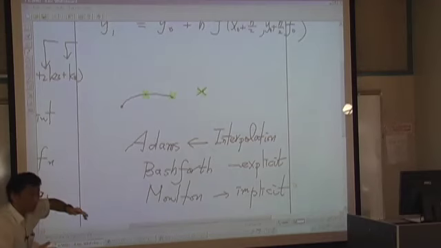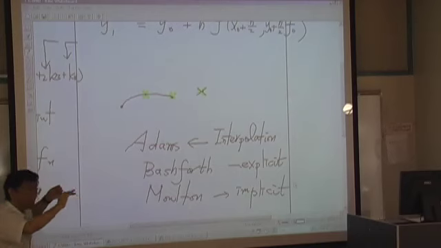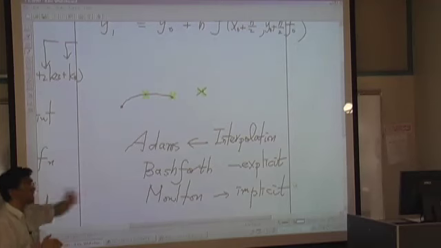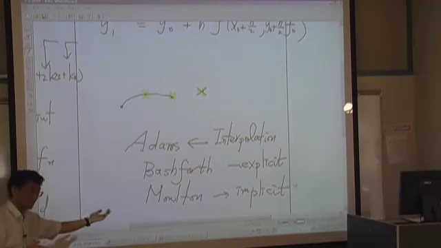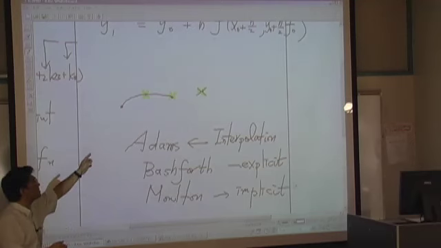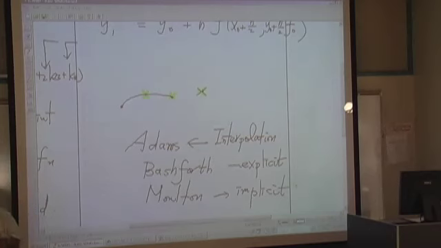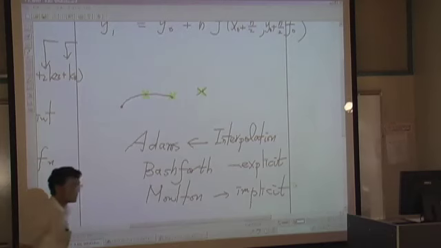Once heights are found, then the function passing through the heights, meaning the interpolating function, might be the solution. That was Adams' idea. After that, Bashforth used previous heights to determine the next height, meaning the explicit method was developed. After Bashforth, Moulton used the new height itself in the development, and called it the implicit method. So we will learn about this next time, and I will stay here and you can come and ask questions.